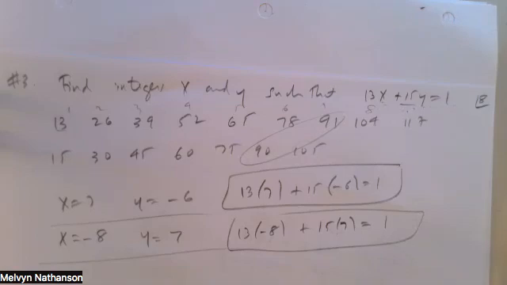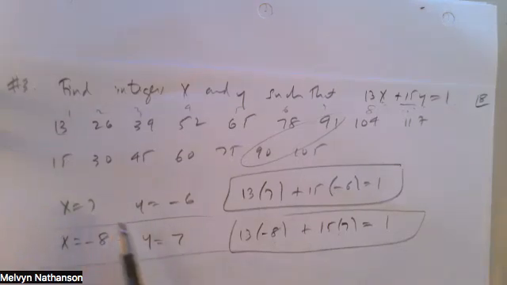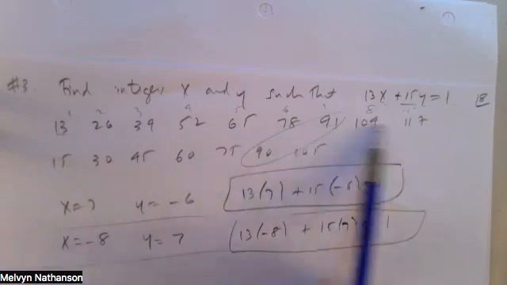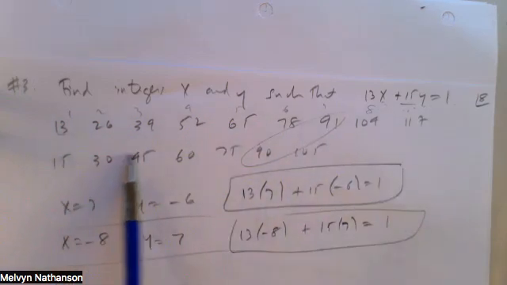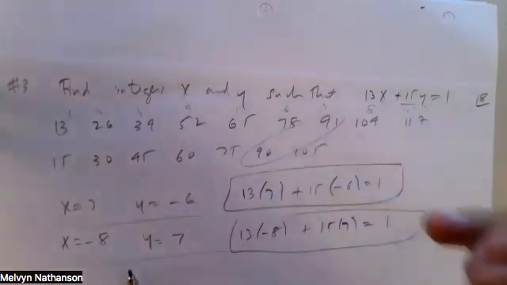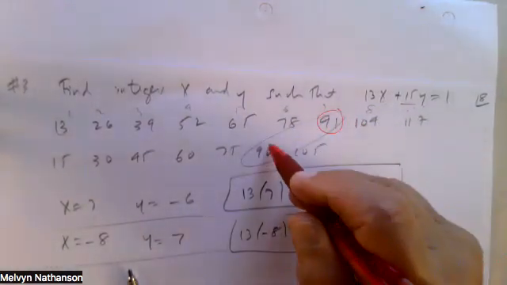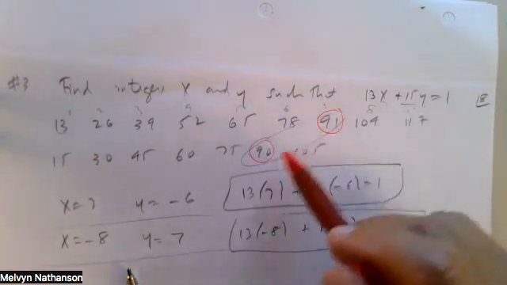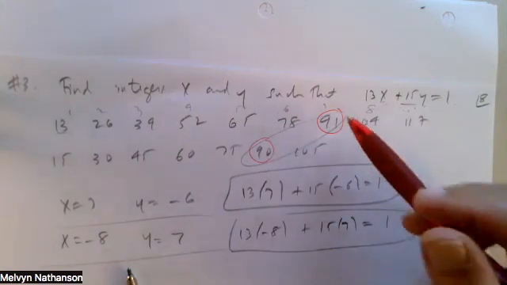Wait, Professor, where did you get x equals 7, y equals -6? Oh, in the first solution, x equals 7, y equals -6. How did I find that? Well, I was looking at the multiples of 13 and the multiples of 15. And I observed that here's a multiple of 13, here's a multiple of 15, and they differ by 1, because 91 minus 90 is 1.